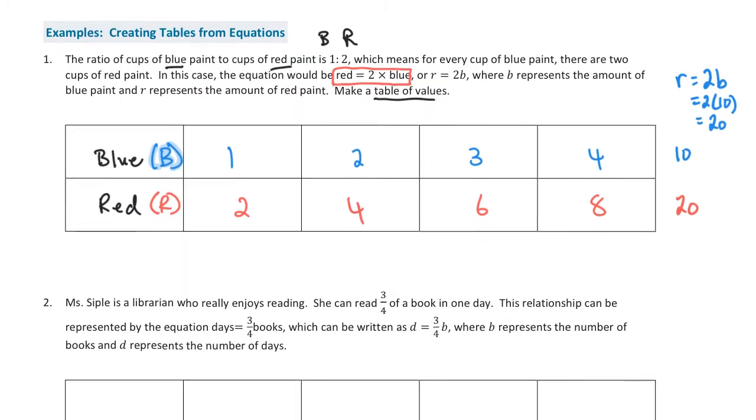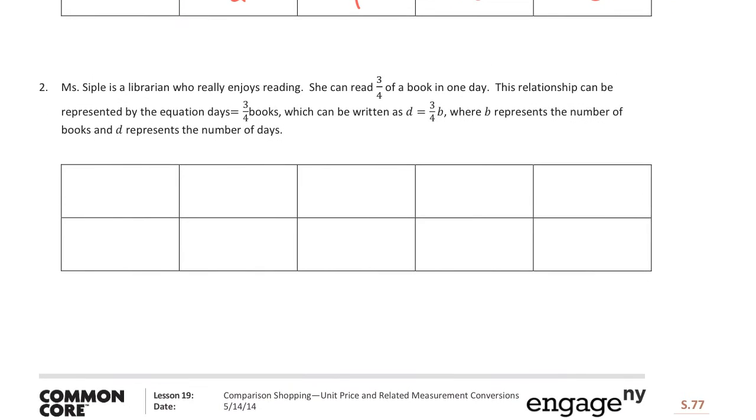Okay, on the bottom here, we're doing the same thing as the previous one, but now, as you can see here, we're not getting a ratio of 2 to 1 or anything like this. Now what's written for us is this question about a librarian who likes reading. Ms. Sipple likes reading, and she can read 3/4 of a book in 1 day. Okay, so again, we did this yesterday, so we could write this in a rate form.